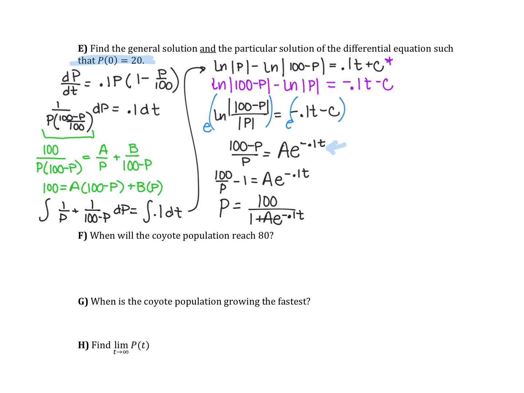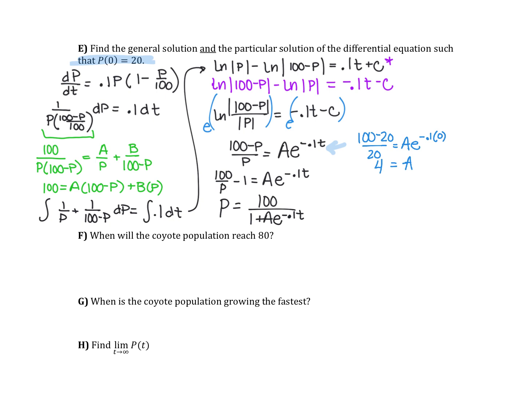plug it in. So if I plug in my initial condition here, we know t is 0 and the result is 20, or a population is 20. So we would have (100 minus 20) over 20 equals A e to the negative 0.1 times 0. And so we get A e to the 0, which means A equals 100 minus 20 is 80, divided by 20 is 4, so A would be 4.